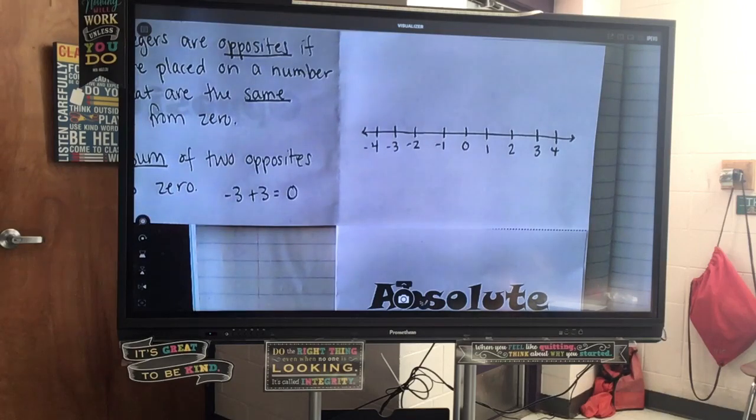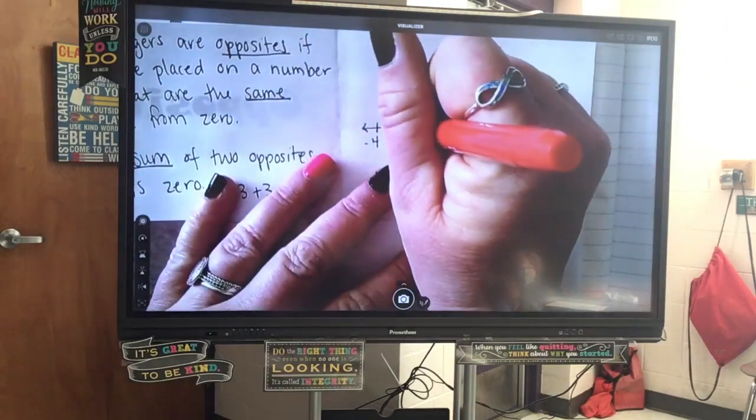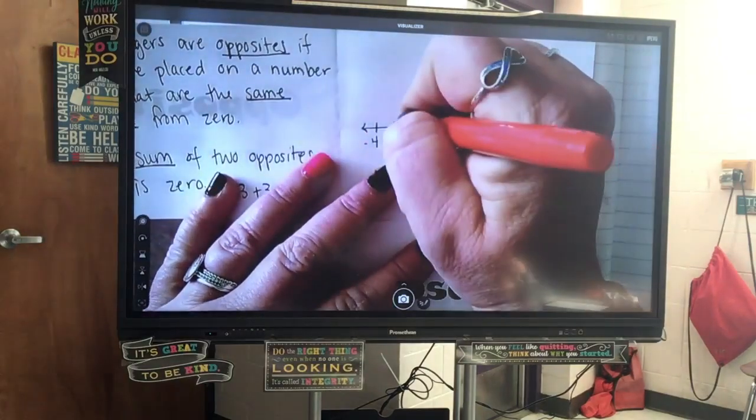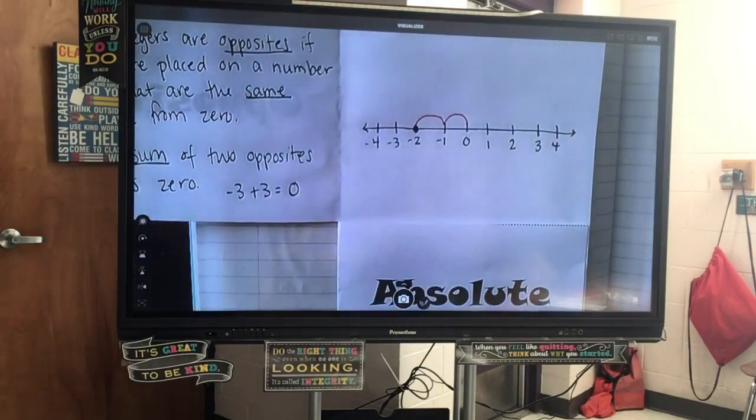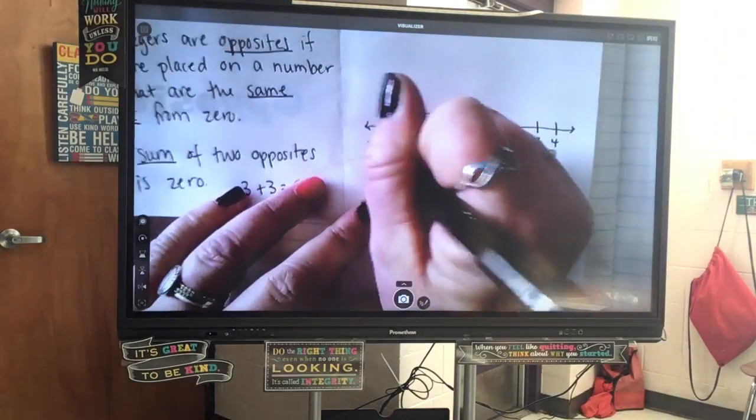Alright, so somebody give me a number -4 through +4. Just pick one number. Alright, Troy? -2. Alright. So we're gonna put a dot on -2. And then we're gonna hop to get to 0. So -2.